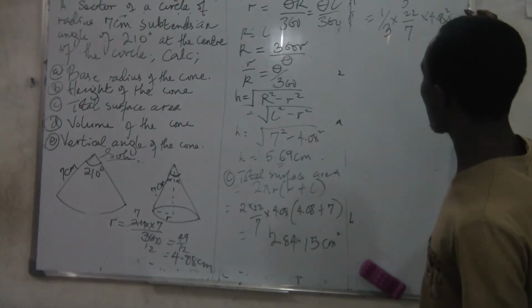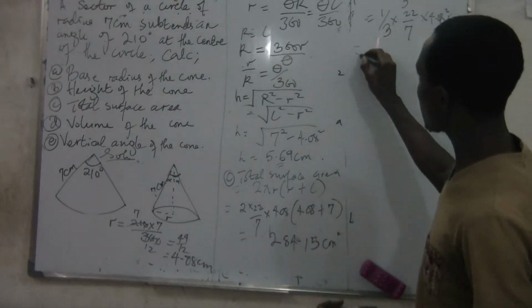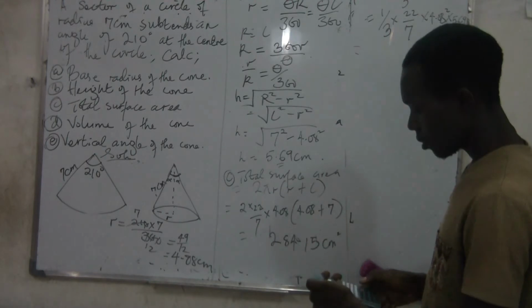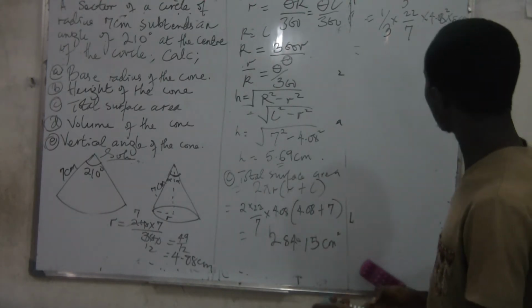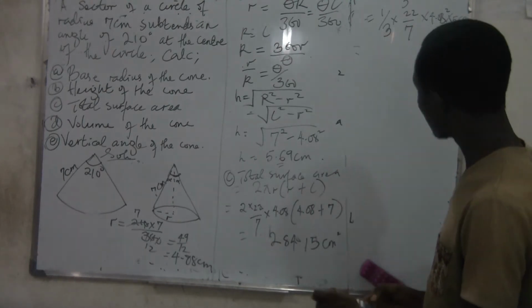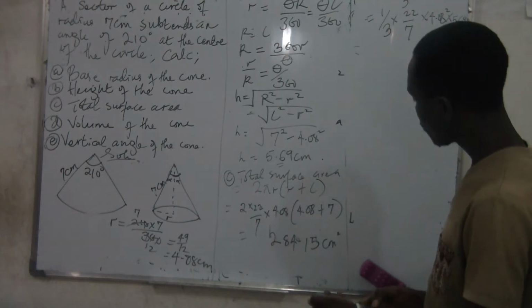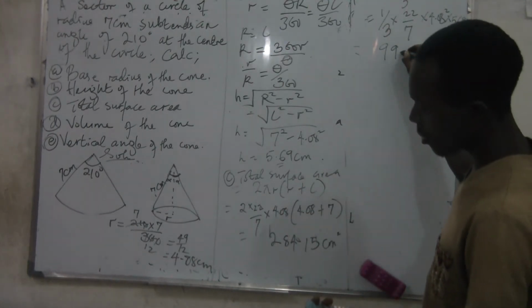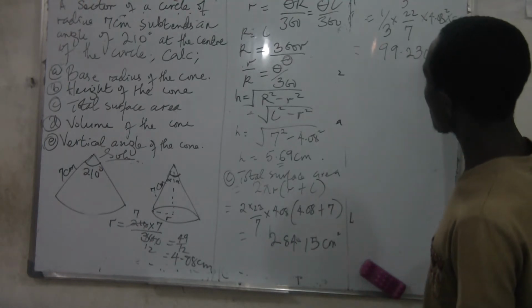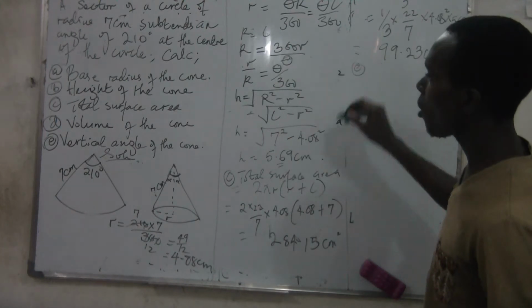The height we got was 5.69. So this will give us 99.23 centimeters cubed.